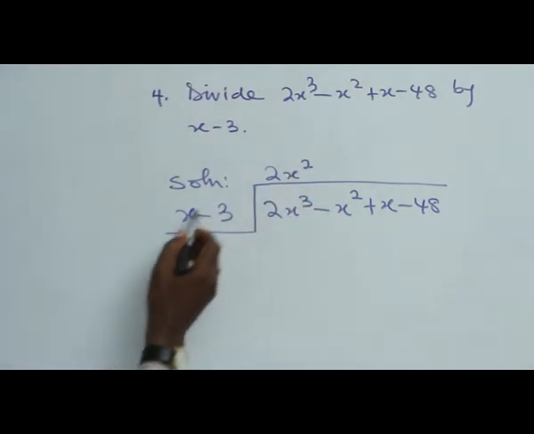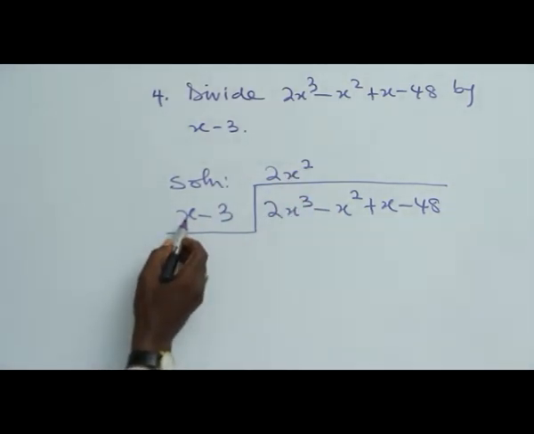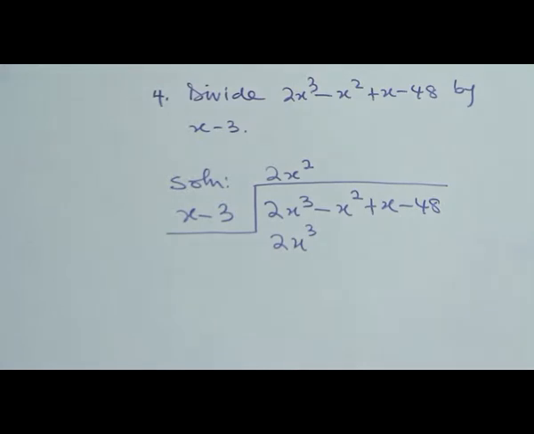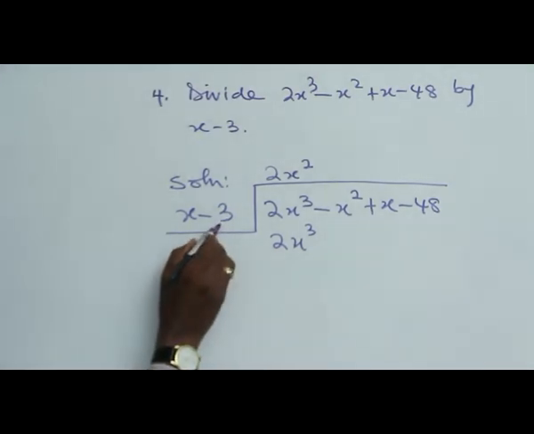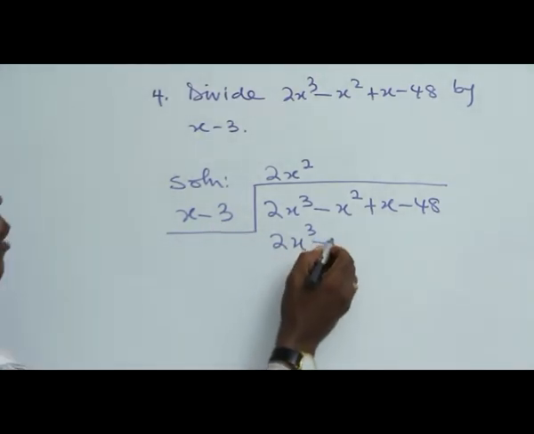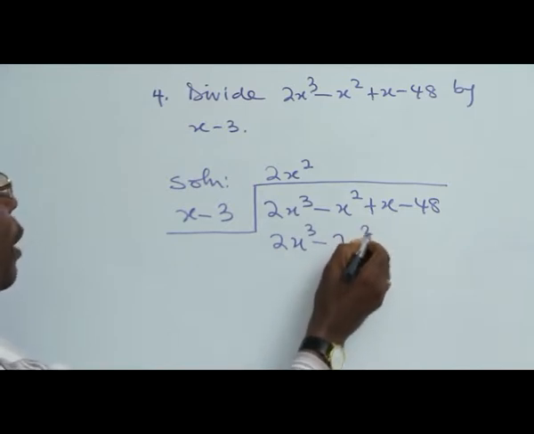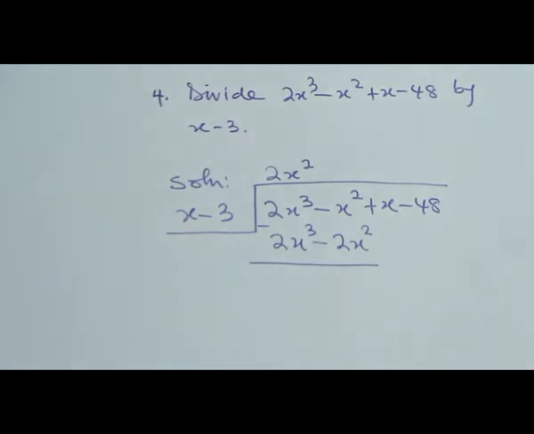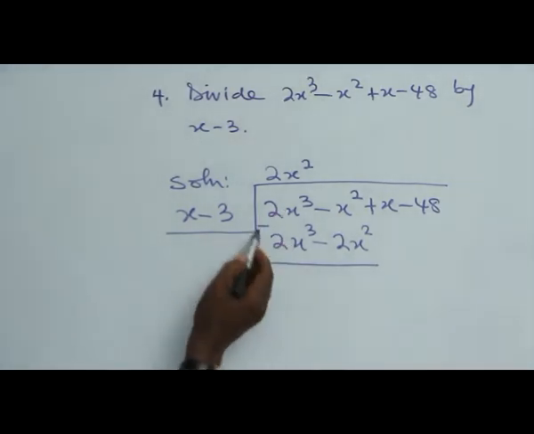Now multiply this by this. So we now have 2s squared times s, which will give you 2s cubed. Then 2s squared times minus 3 will give you minus 2s squared. You underline and you subtract. Remember, this is a long division process. If you take away this from this, it will be 0.